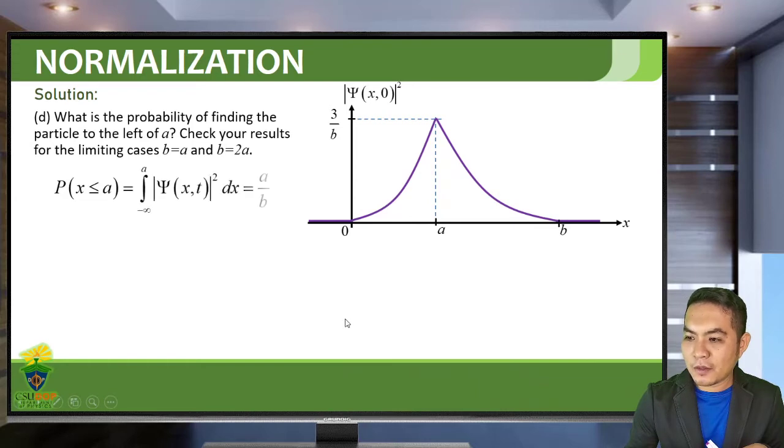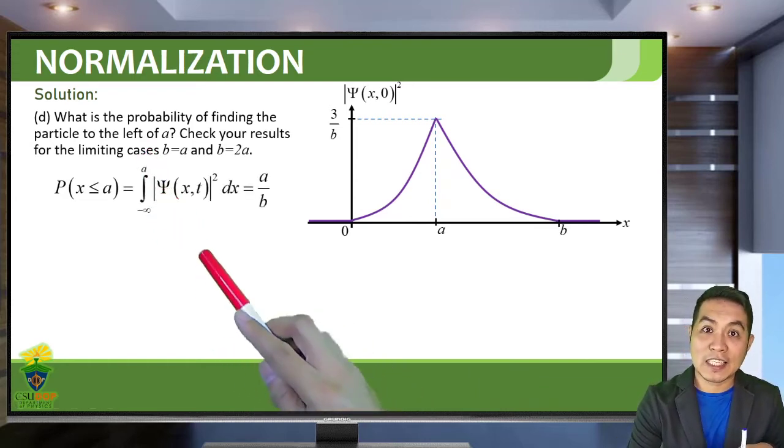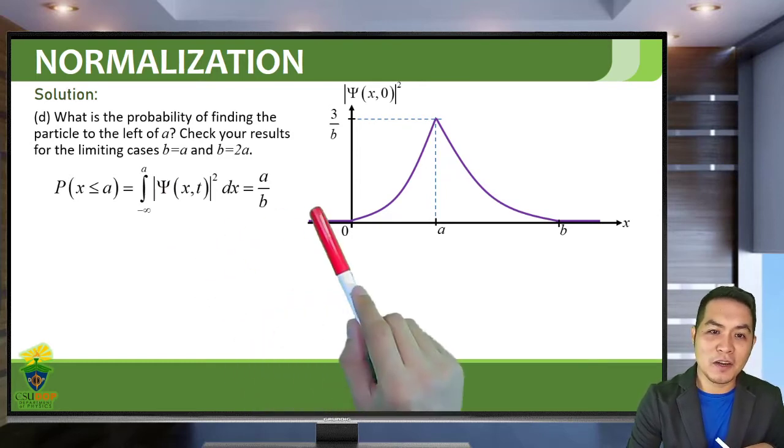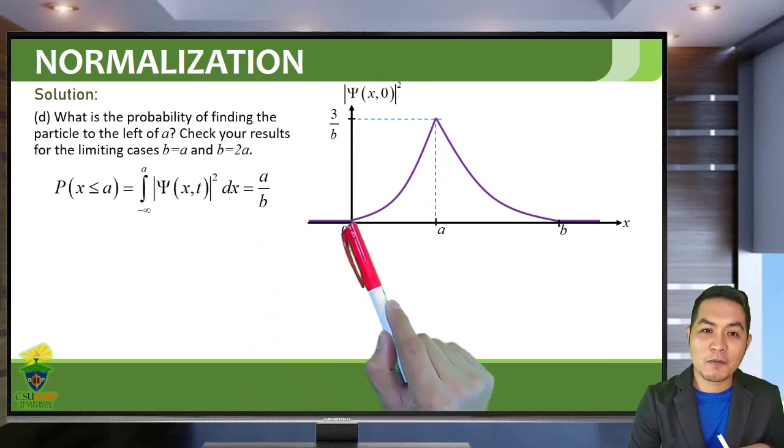So our formula will be like this. We integrate from negative infinity to a, because that is the meaning of to the left of a. But actually, from negative infinity to 0, the wave function is 0.